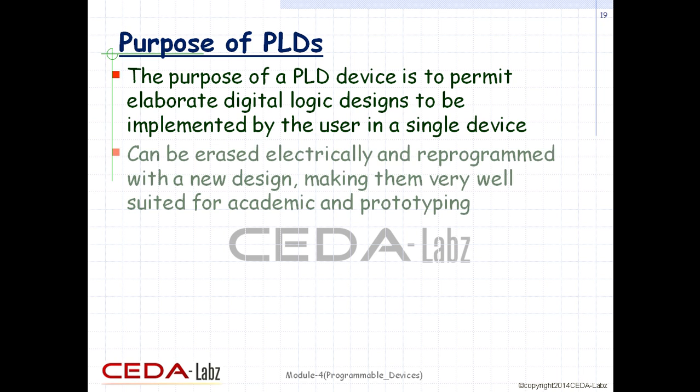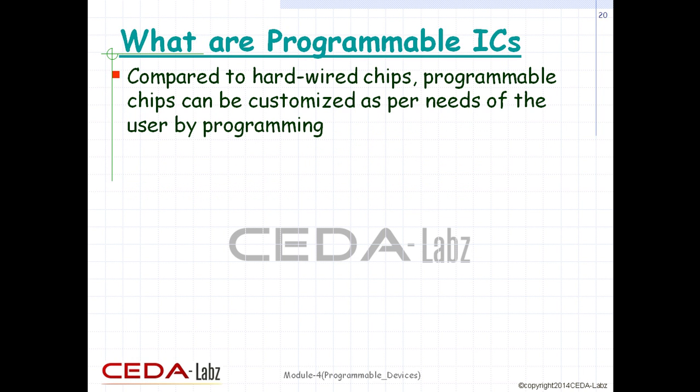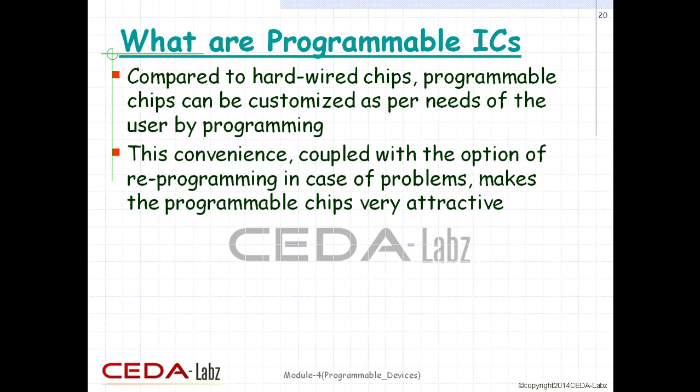These programmable devices can be reprogrammed again and again. This makes them very productive for new implementation. These ICs can be programmed according to the needs, or more precisely, according to the specification of the user. If any problem occurs during configuration, then the design is reprogrammed.